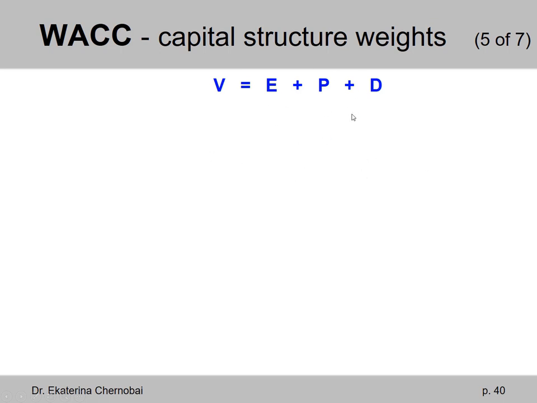So how do we apply the market values of the three components of the firm value to calculating the weights?